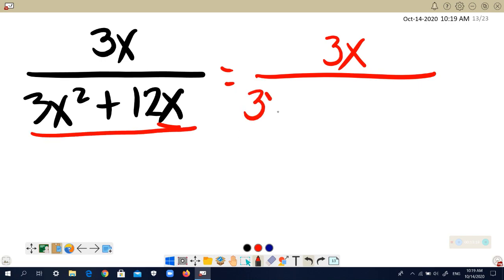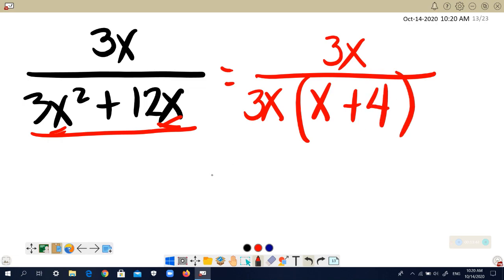This time, your GCMF is 3x. Earlier, we had only 3 because the second term was only 12. But this time, the second term is 12x, so the variable x is common to the first term and the second term of our given binomial denominator. So we have here 3x squared divided by 3x is x, then 12x divided by 3x is 4.